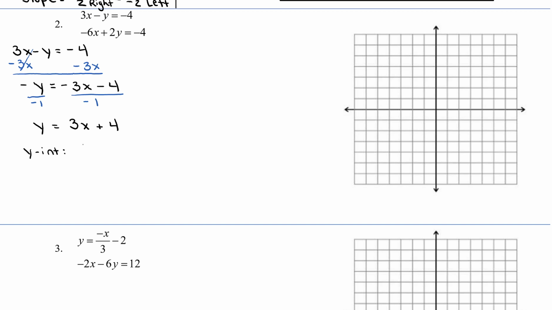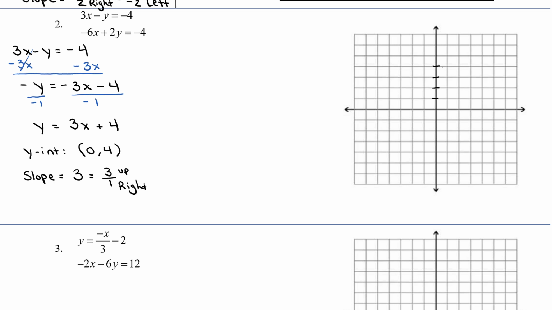So my y-intercept in this case is going to be 0, 4, and my slope is going to be 3. But I'm going to rewrite that as 3 over 1. That way I know I'm going to go up 3 units and 1 unit to the right from my y-intercept to get my second point on my line.